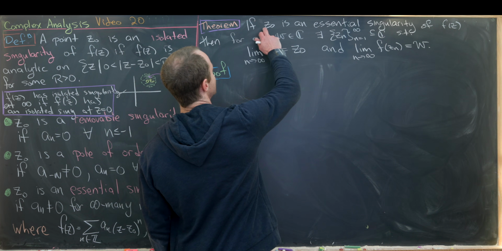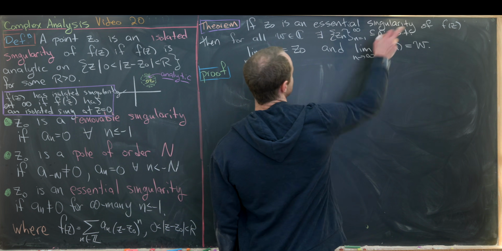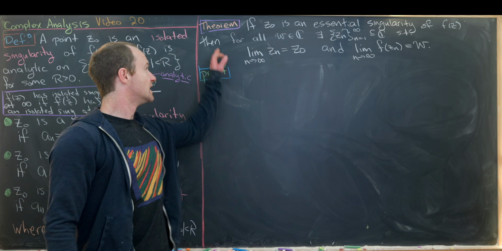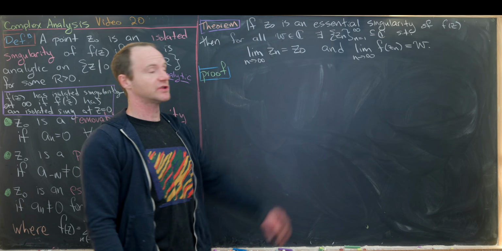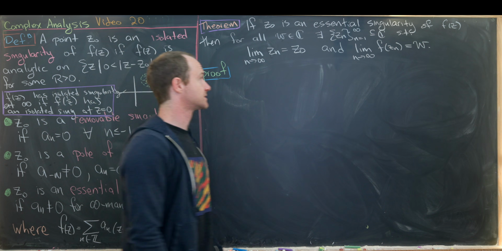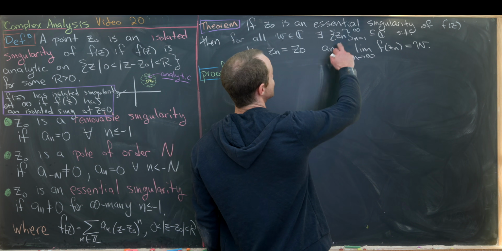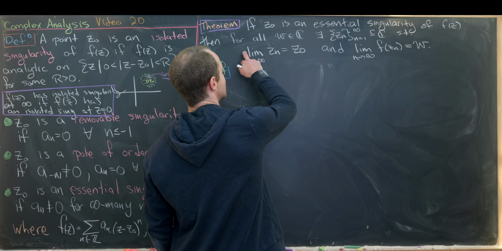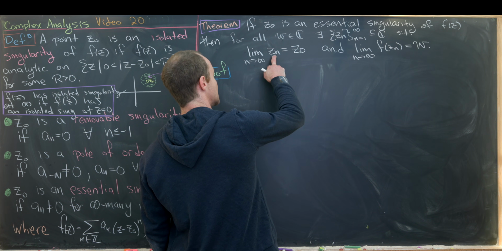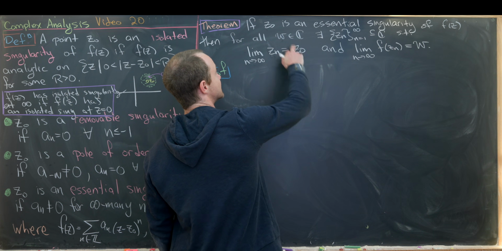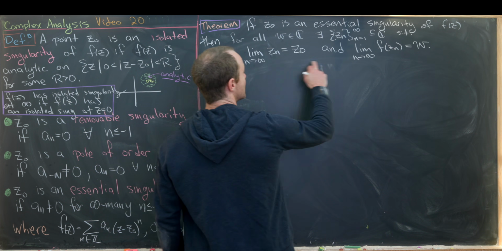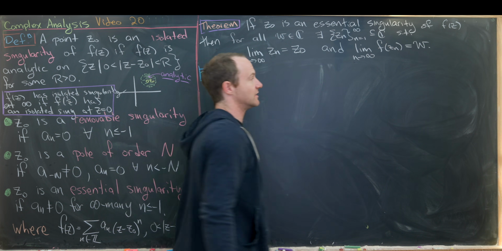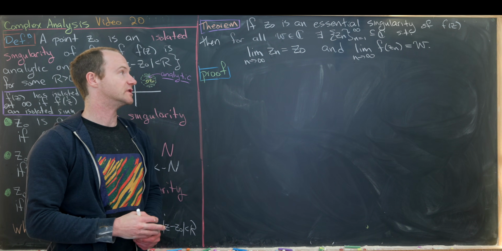So it says that if z0 is an essential singularity of f of z, then for all w in the complex numbers, we can find a sequence of complex numbers z_n such that the limit of the z_n goes to this essential singularity, but the limit of the function values of that z_n goes to w.